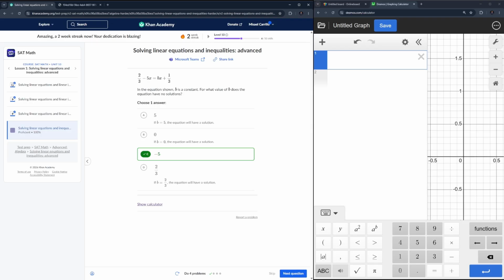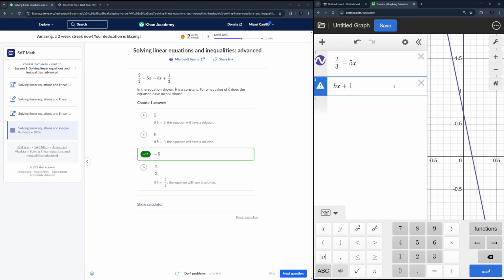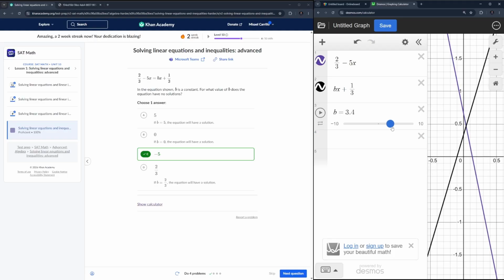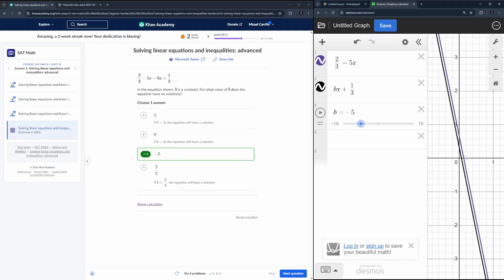So if they both have the same slope of -5, then they would have the same slope and different y-intercepts, and that makes them have no solution. I guess you can realize that, or you could graph it on Desmos. I think that takes a bit longer, but that's what I did. So graph it, and then just add a slider for b and test numbers until you get to -5, and then you'll see that they have no solutions.